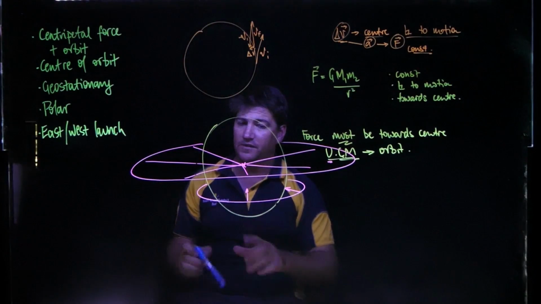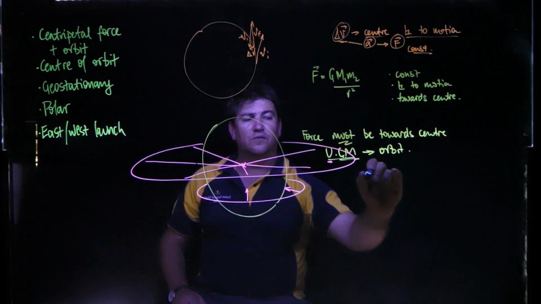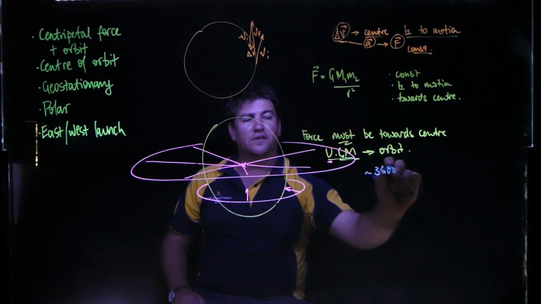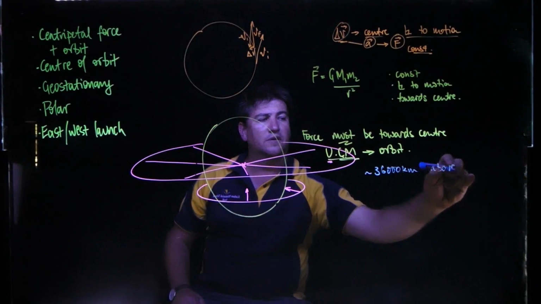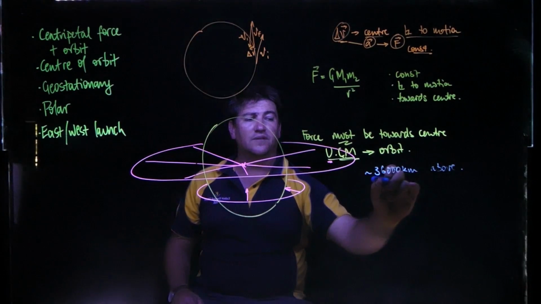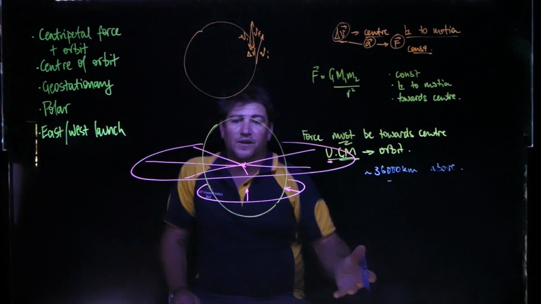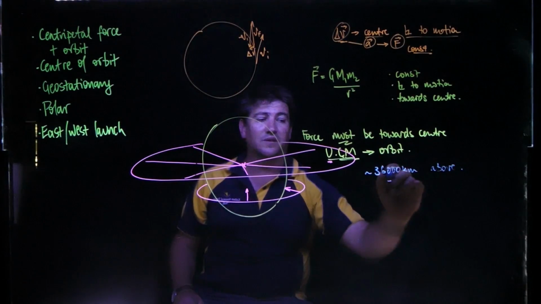Now, geostationary satellites, hopefully you've done the calculation by now and you've worked out that they orbit somewhere around 36,000 kilometres above Earth. Alright, so you've got this satellite that's 36,000 k's up. It's no good for surveillance. We don't have cameras that are that great. We've got telescopes that are that great, but definitely not cameras.